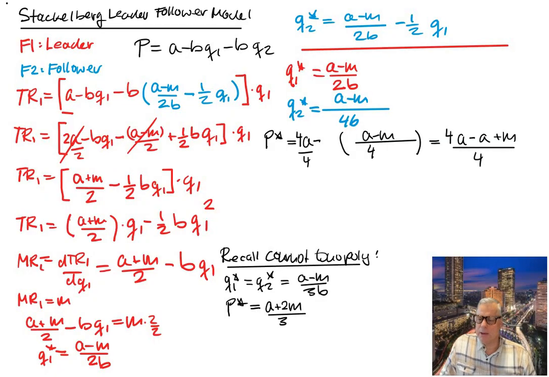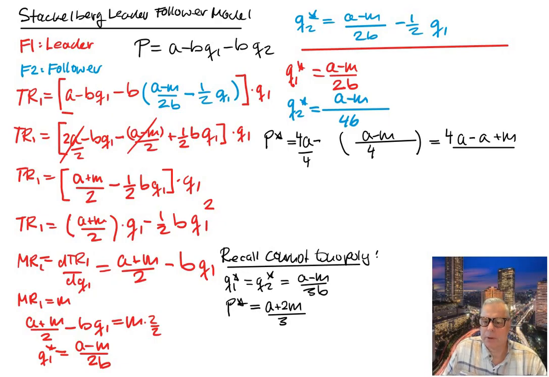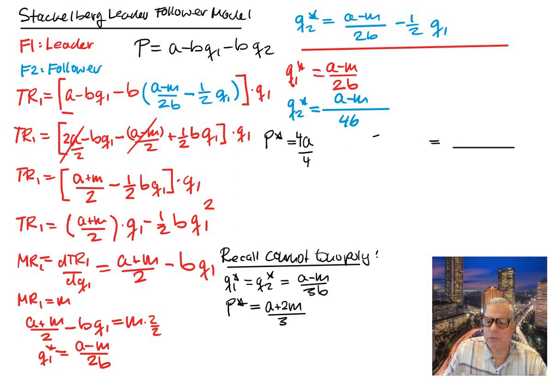Well, that is 3A plus M. So that is 3A plus M over 4.